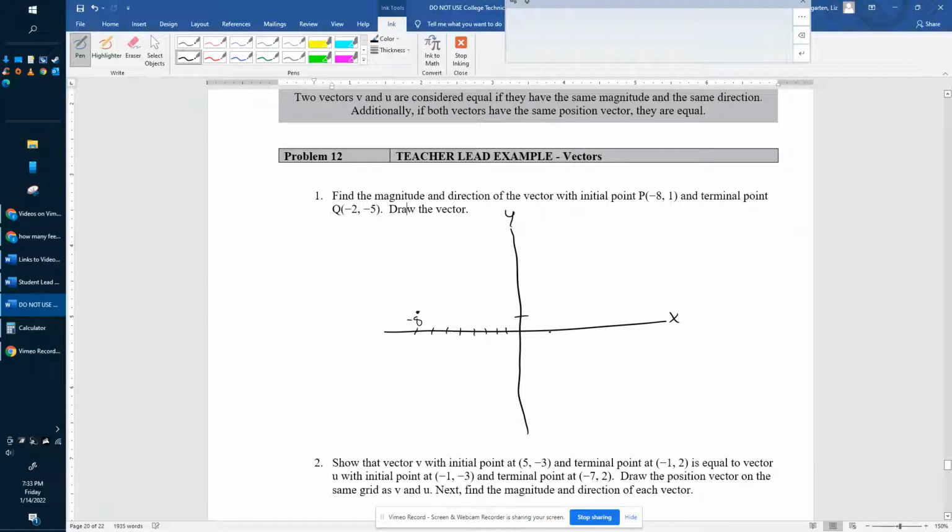Initial point. And terminal point is at (-2, -5). 1, 2, 3, 4, 5. Negative 2, negative 5. That's where our arrow is. So our vector is going to go, oh, come on.